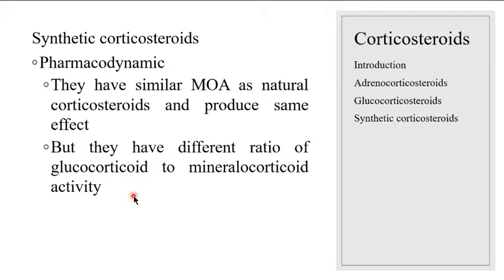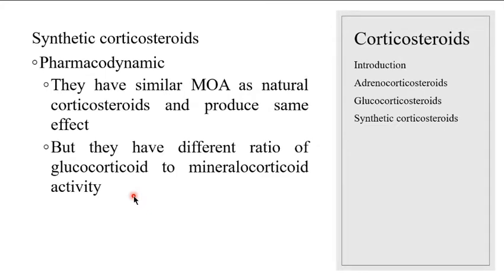When the synthetic steroid binds to the receptor, the HSP90 molecule dissociates, and two of the steroid receptor molecules dimerize, enter the nucleus, and activate a particular site called GRE, the glucocorticoid response element, that is responsible for production of mRNA, which leaves the nucleus into the cytoplasm, where it is converted to a protein, and that protein produces a response.